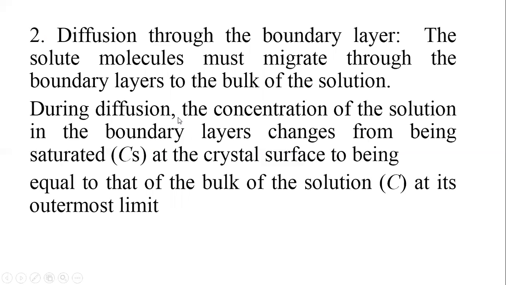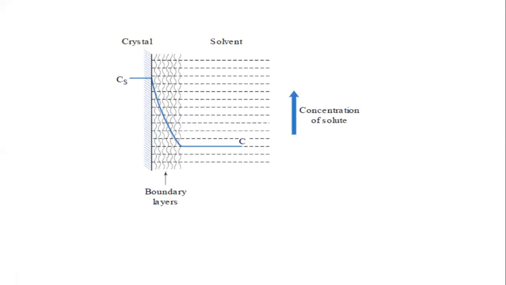During diffusion, the concentration of the solution in the boundary layer changes from being saturated, CS, at the crystal surface to being equal to that of the bulk of the solution, C, at its outermost limit. This is the boundary layer, this is the crystal solid surface, and this is the solvent.